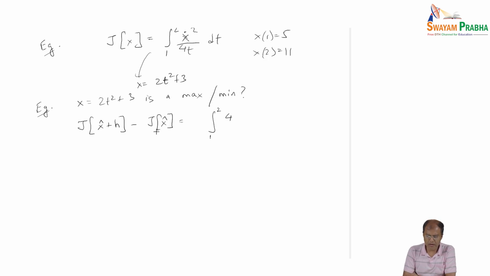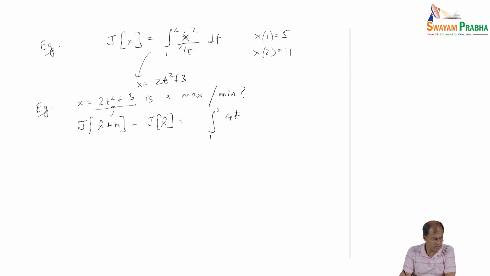So let us see this difference, J of x plus h minus J of x. If we plug in x hat, whatever we found in the previous example, 2t square plus 3, this is going to be 4t.